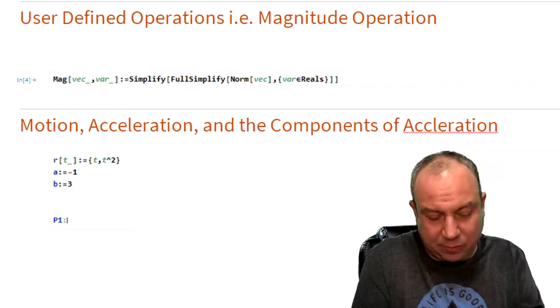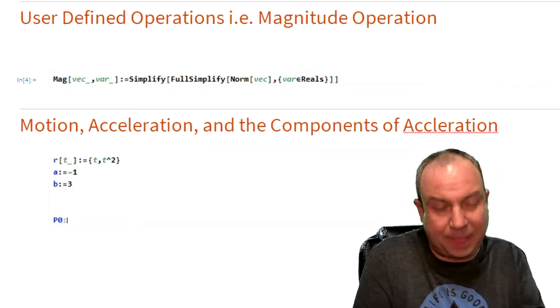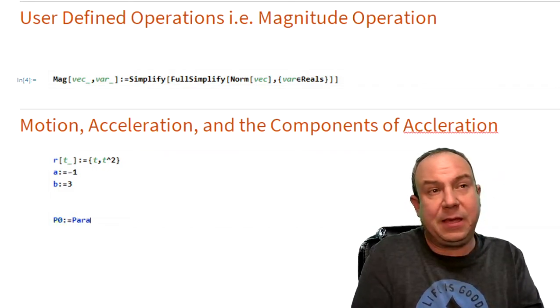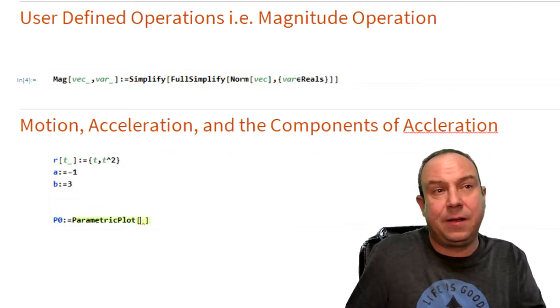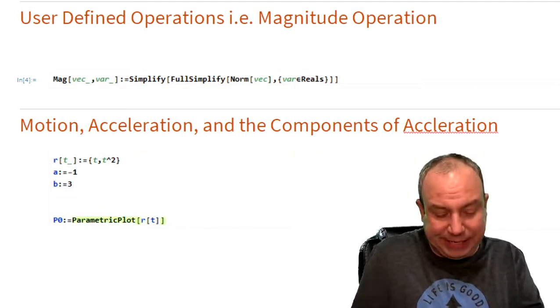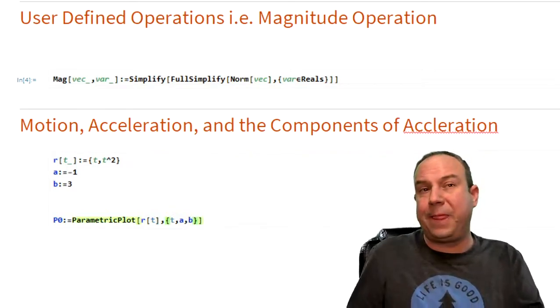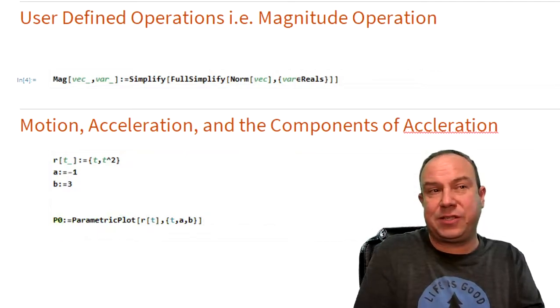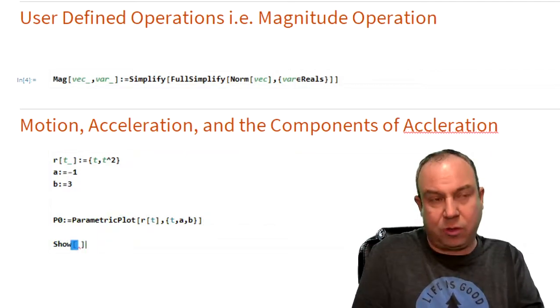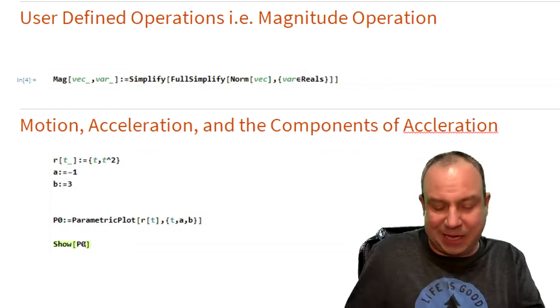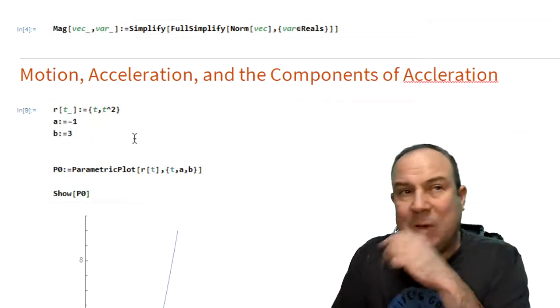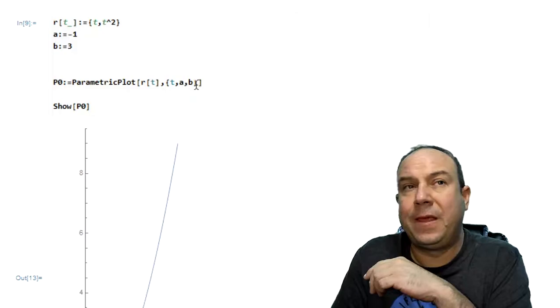P1, or let's make our base plot: the parametric plot of R at T over values of T from A to B. That doesn't show much. It's not until I run a show command, where I start stacking up these plots, that my plots start to form.